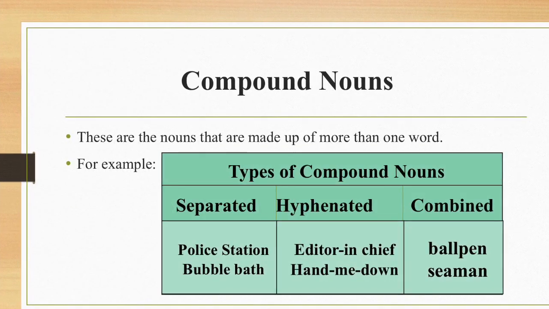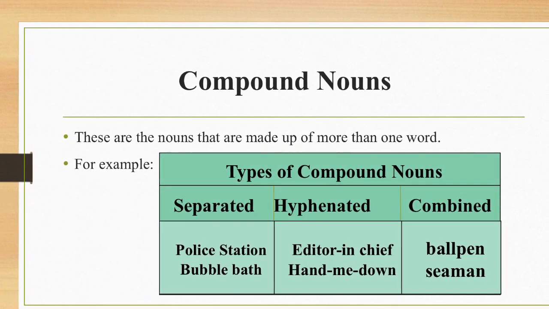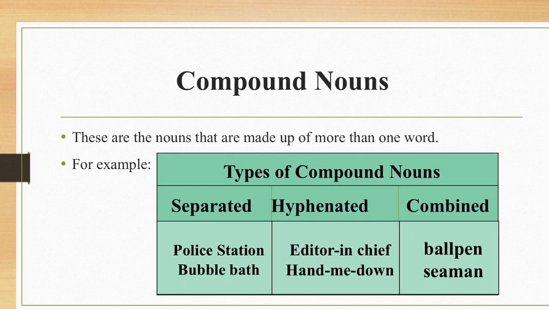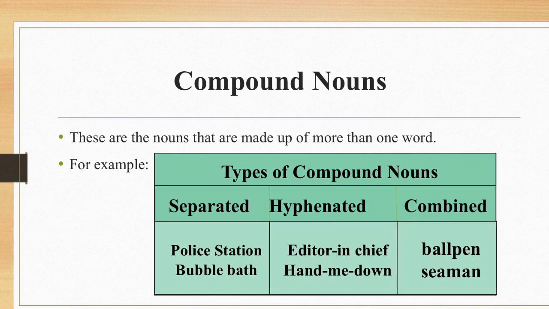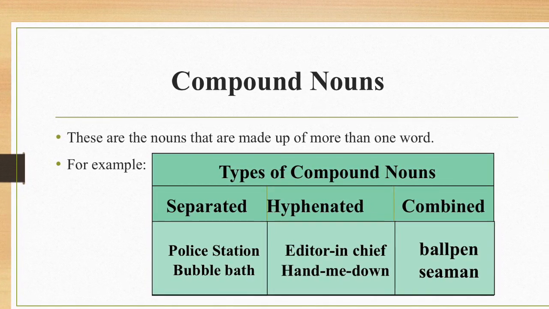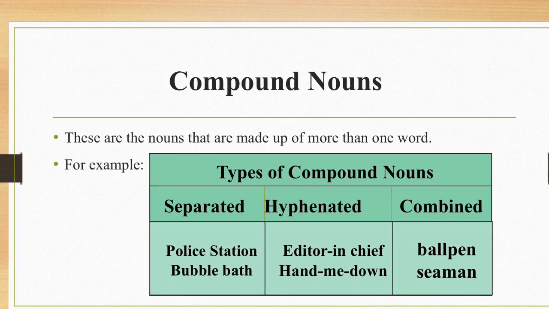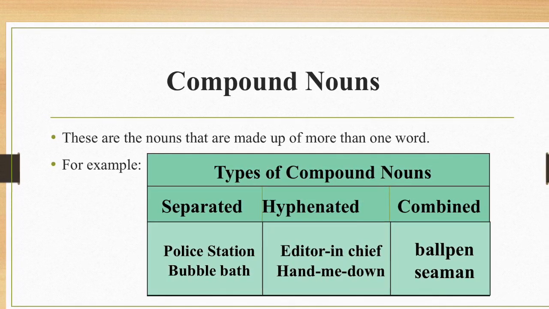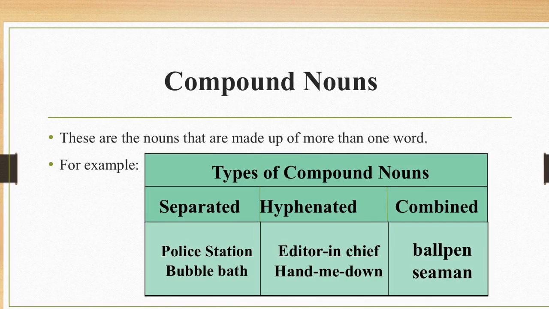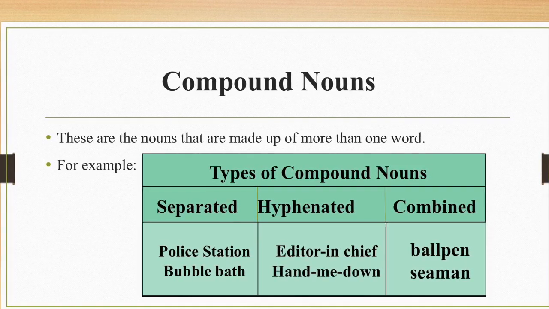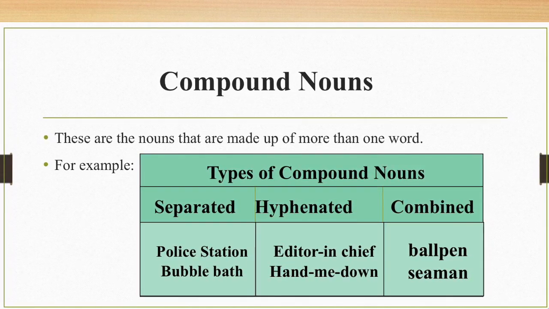Number 8. Compound nouns. These are nouns that are made up of more than one word. We have an example of types of compound nouns that I have drawn in the picture. We have separated, hyphenated, and combined nouns.